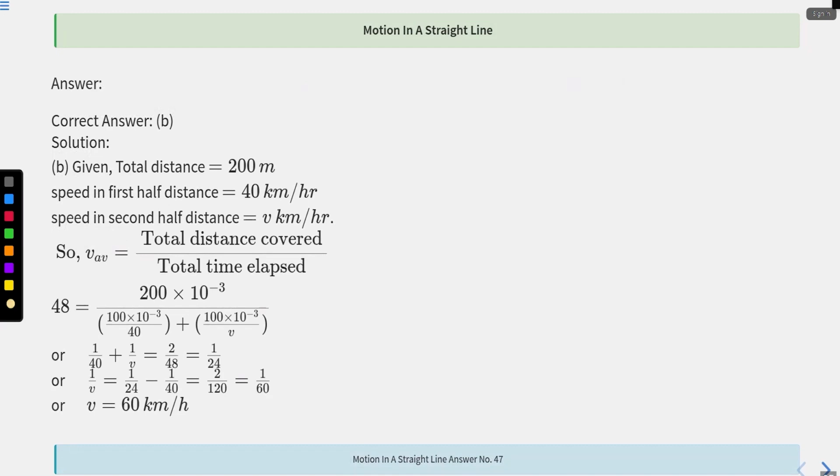Speed in the second half is v. So using total distance and total time, we are going to calculate v average. V average is given to us, right? Since v average is given to us, there's not much of an issue. Because v average is equal to total distance by total time taken. And the total time can be divided into two chunks over here because we have two halves, correct?